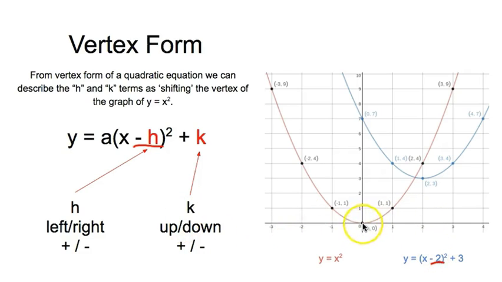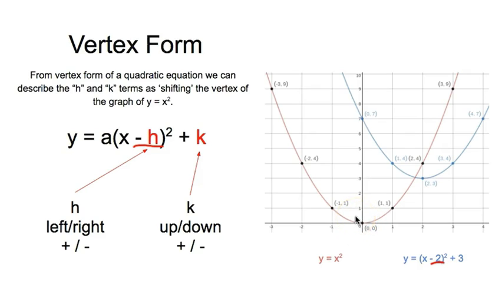Had this been a plus 2, it would have shifted to the left 2 places. The value of k controls the movement of the vertex up or down. Up if you have plus k, down if you have minus k, and we can see that in this case we have a plus 3, so it moved the vertex up 3 places.